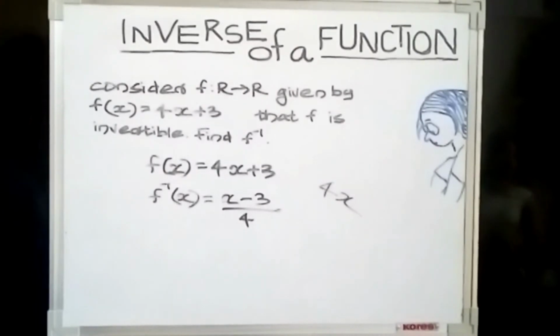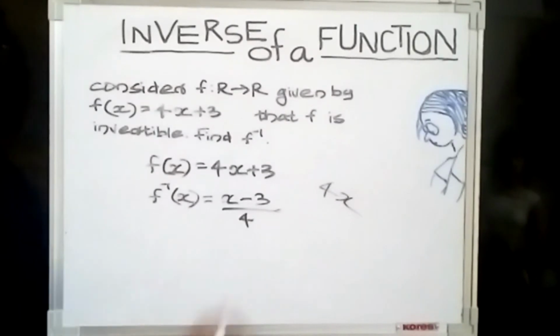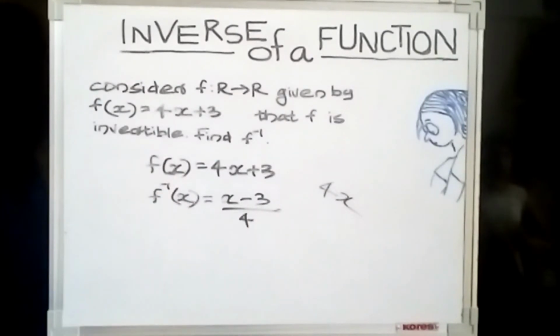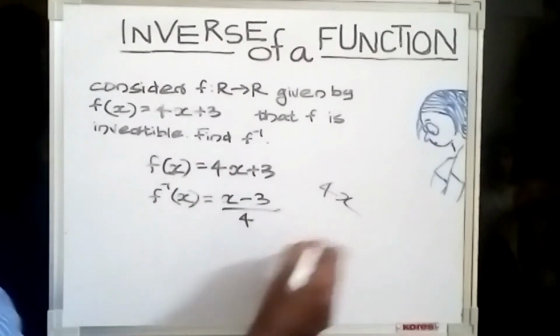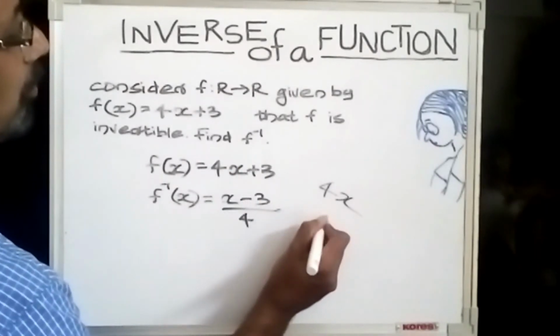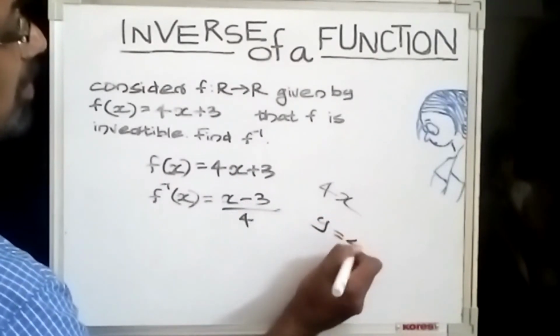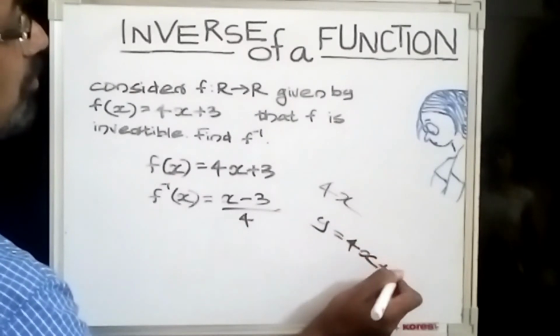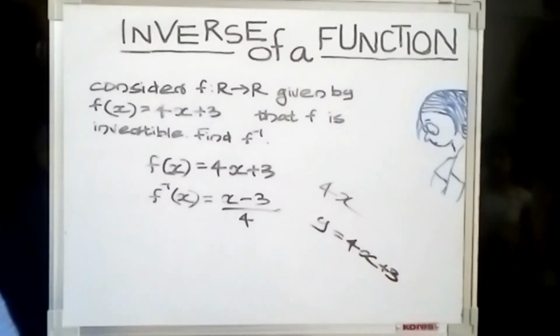And we have to do it in the formal way as we have done in the previous problem. First we have to show that it is 1-1 and onto, and then we write let y equal to 4x plus 3.